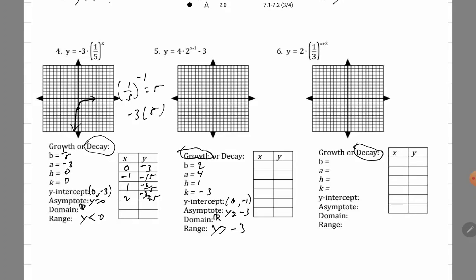So I'm going to get something that looks like... So let's do here 0, negative 1, 1, 2 to the 0th is 1, times 4 is 4, minus 3 is 1. If I put 2 in there, I get 2 times 4 is 8, minus 3 is 5.